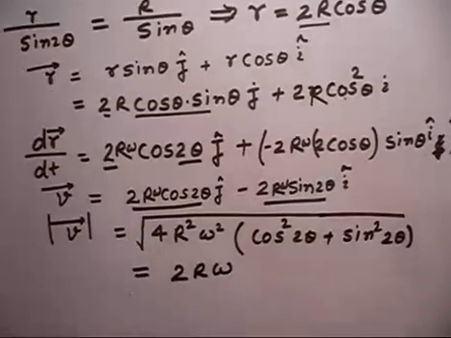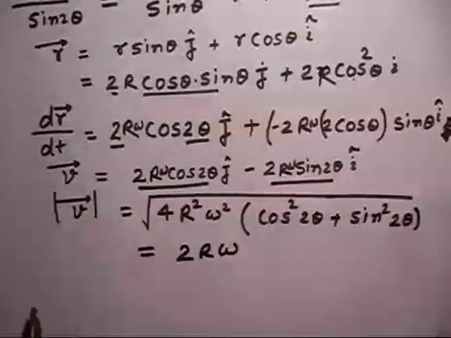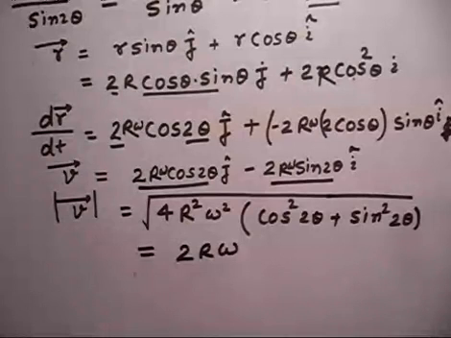So this is the velocity. Now what is the acceleration? Basically there are two accelerations if something is moving in a circle. One acceleration is v squared by r, that is the radial acceleration, and the tangential acceleration is simply dv by dt.